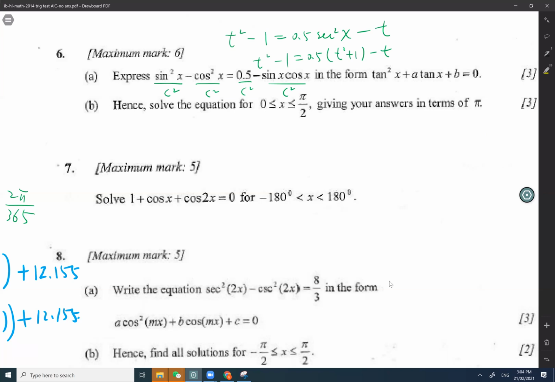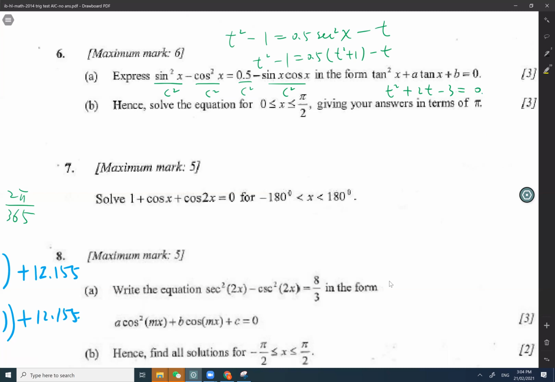T squared plus 2t minus 3. T squared minus 1.5 times by 2 minus 3.